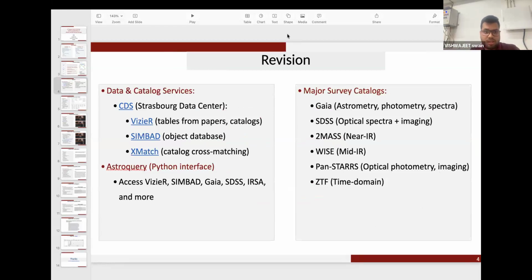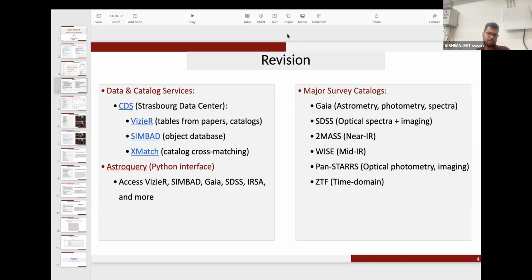Yesterday, from the catalog side, we mostly covered the CDS system, where we go through Simbad, XMatch, and VizieR, and there we learned how to get the table out of a query. We have to select a particular catalog, and then we can do the cone search.